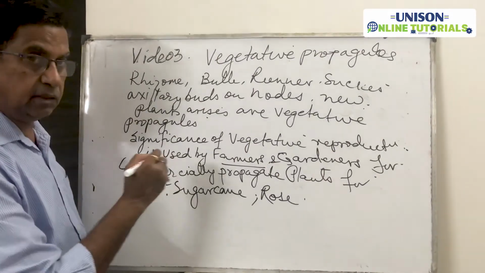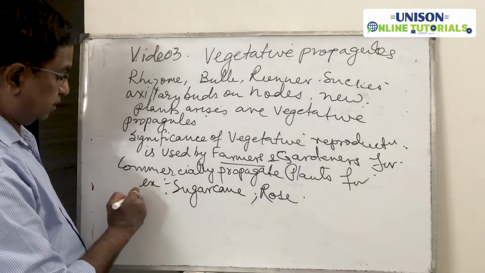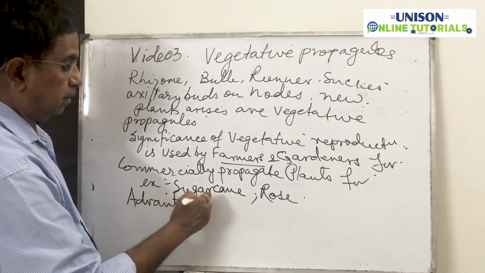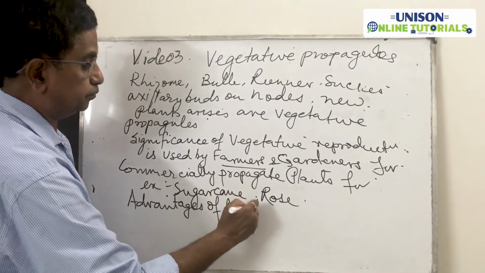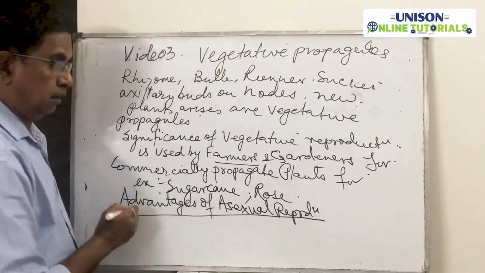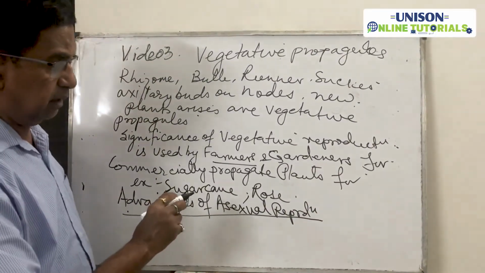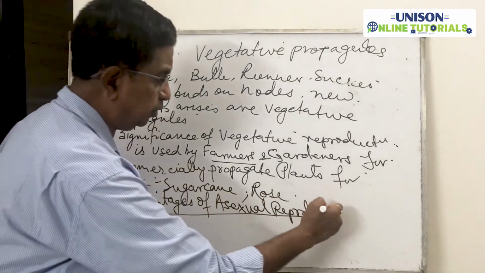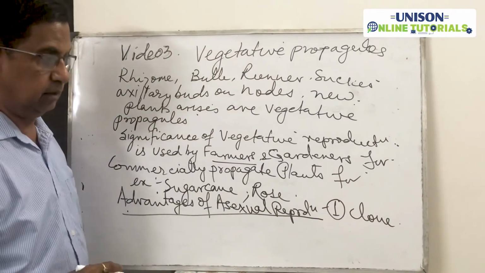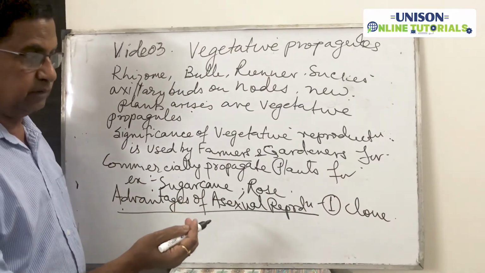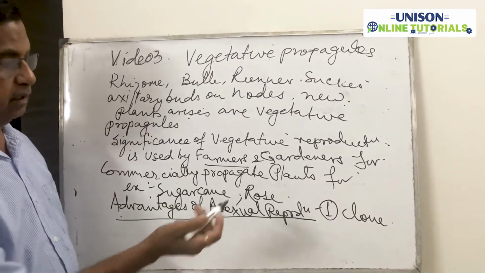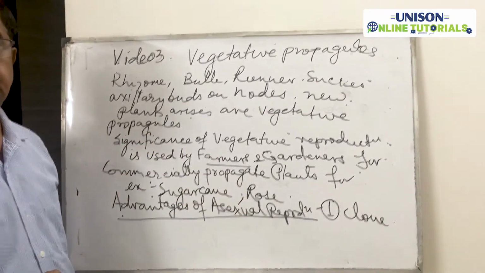Now we will come to another topic: what is the advantage of asexual reproduction? Asexual reproduction is beneficial in producing clones. You have already studied what a clone is. A clone is a plant or offspring which is similar to the parent. So if we want a plant similar to its parent, we can use the asexual method of reproduction.